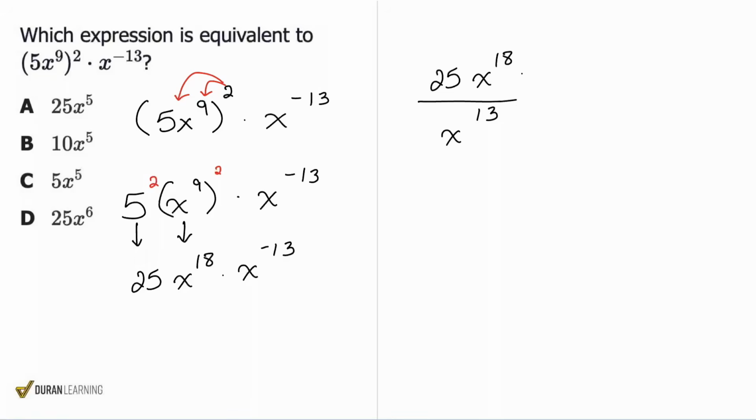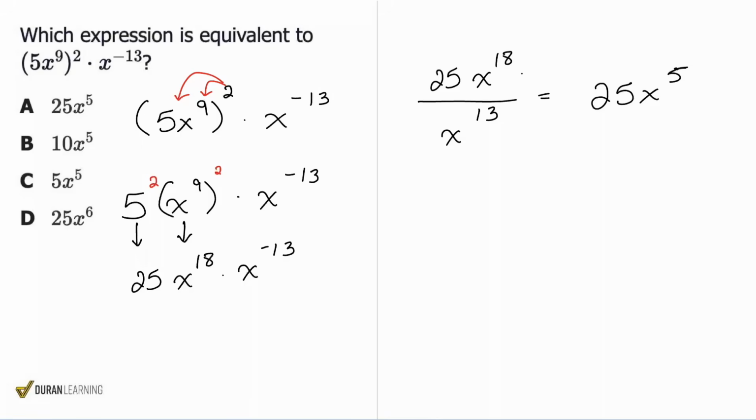That's one way we can try it out. Because if we move that over in that way, all we're applying here is the quotient of powers rule. We have the same base, which is x, so we'll subtract these exponents. Everyone, 18 minus 13 gives us what again? Yeah, that's just going to be 5. So that becomes 25x to the power of 5. That's one way of looking at it.